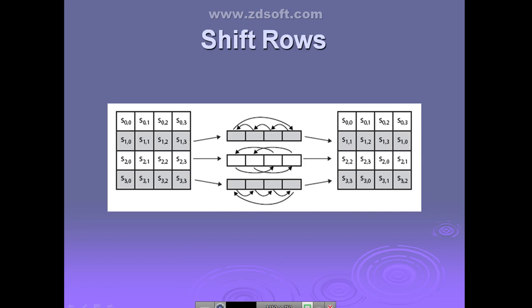Can you see this diagram? One byte they are shifting. If it comes to the third row, at that time two bytes they are shifting. See here, the third byte will become the first, and the fourth byte will become the second byte. Like this they are doing the two-byte shifting towards the left side. Clear? Circular shifting they are doing.